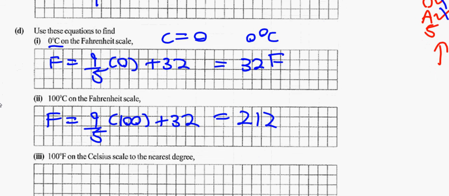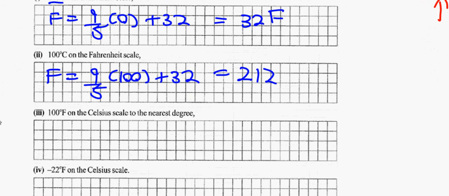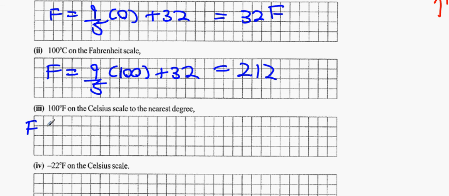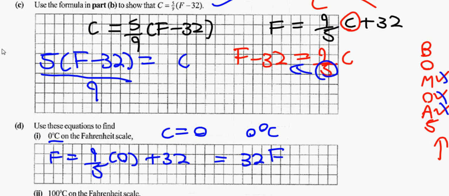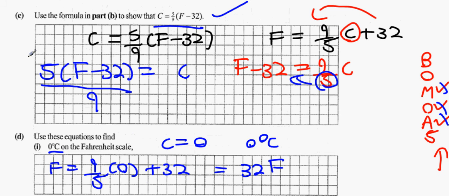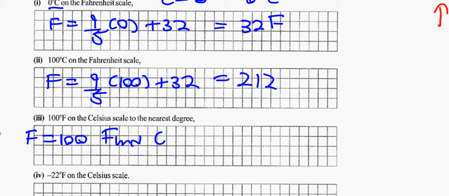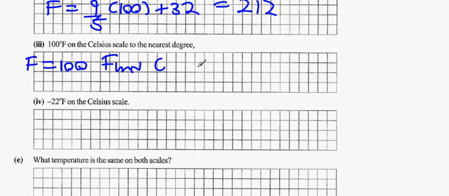D part 3, find 100 degrees Fahrenheit, so F equals 100, find C. So what we've got to do here is replace F with 100 and use this equation here. C equals 5 over 9 F minus 32, which will end up to be 5 over 9 times 100 minus 32.